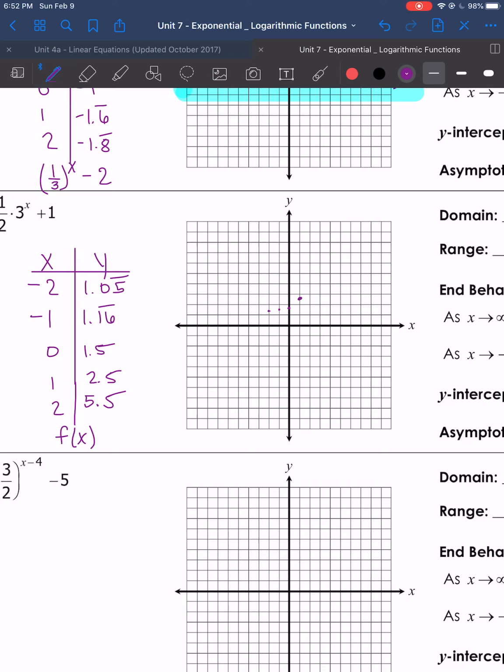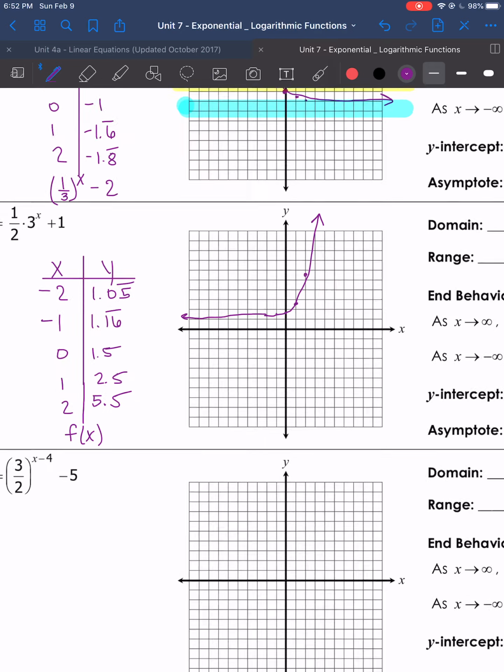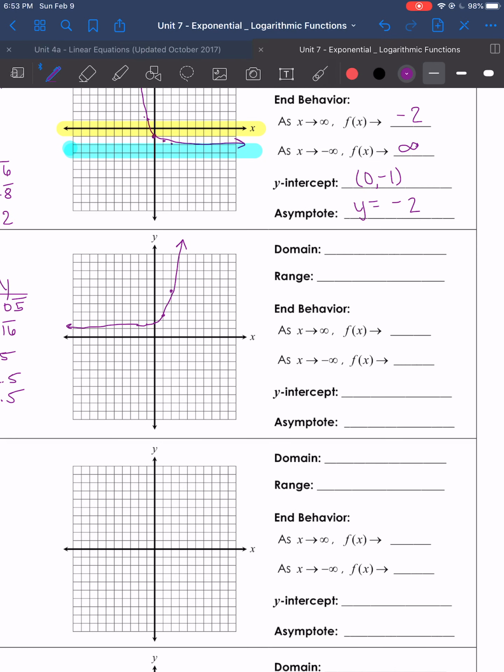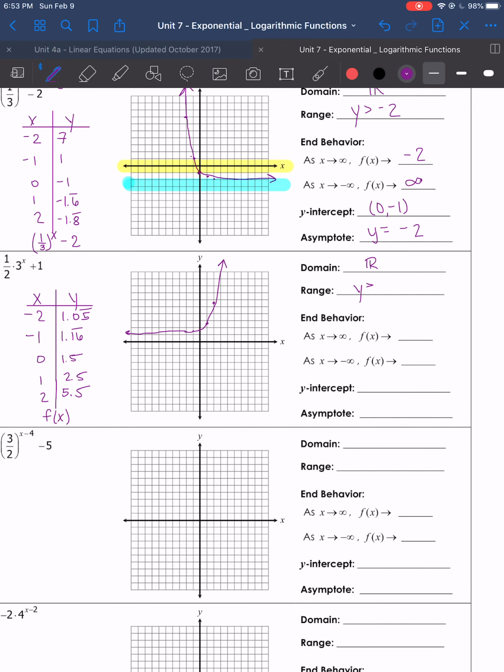So that would be your function. Hopefully yours looks a little bit better than mine. Your domain is going to be all real numbers. Your range is going to be this little guy right here.